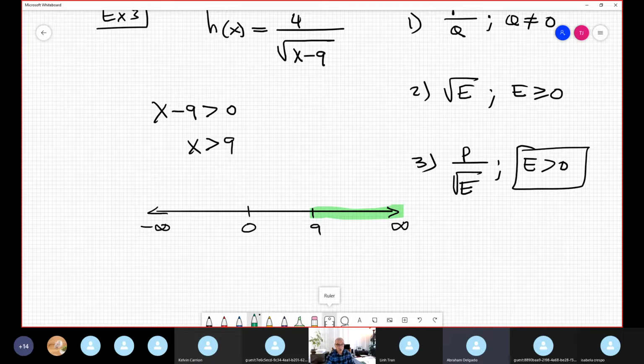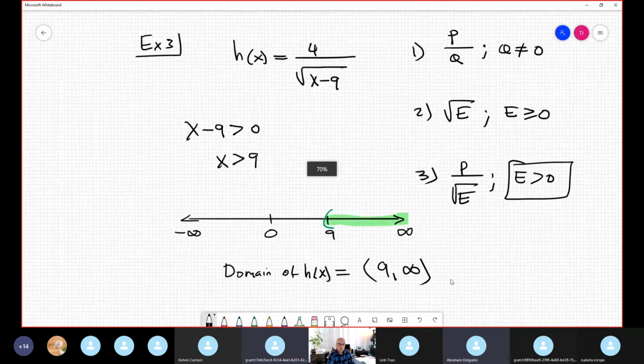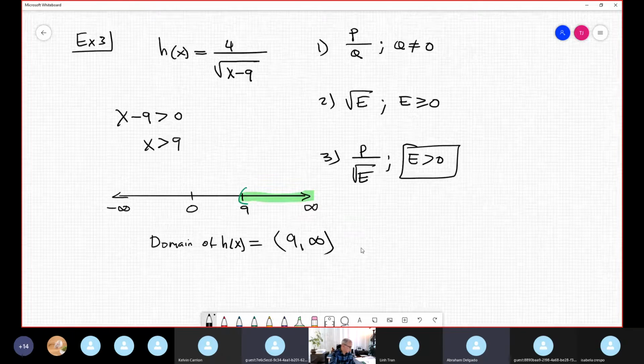Because I don't see any equal sign here. So it is a parenthesis. And the domain of the function h is parenthesis 9 comma infinity positive. Super good.